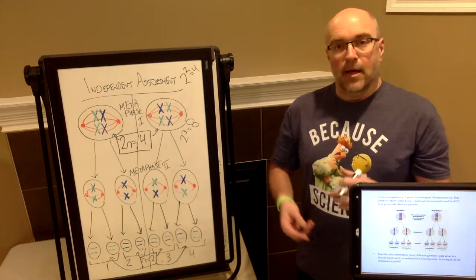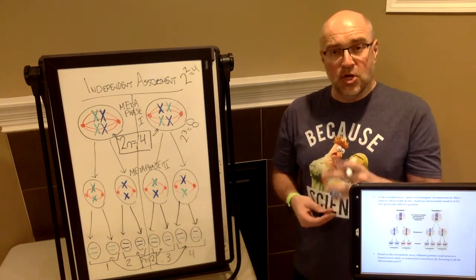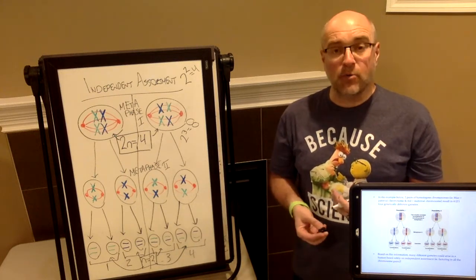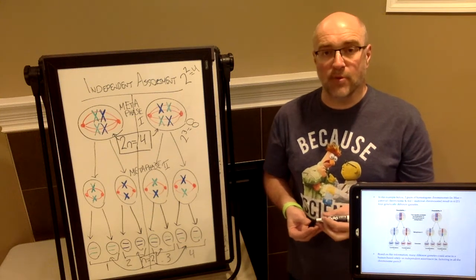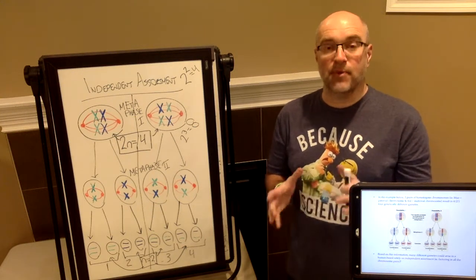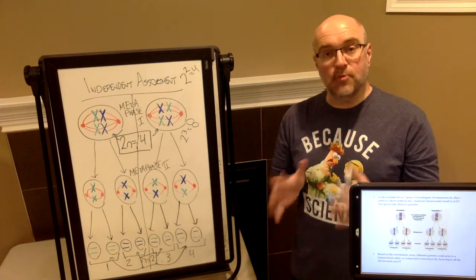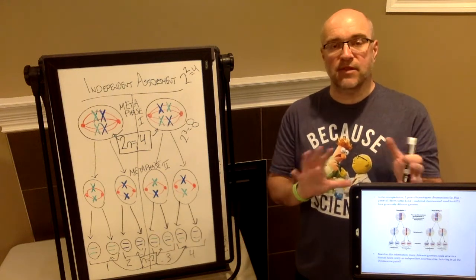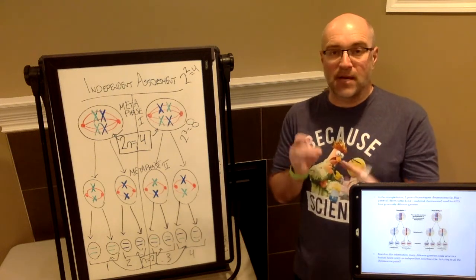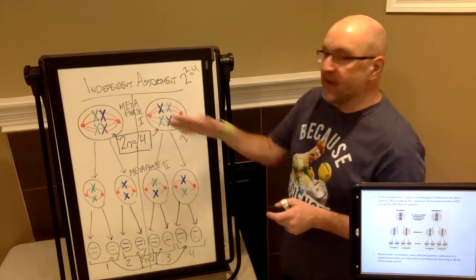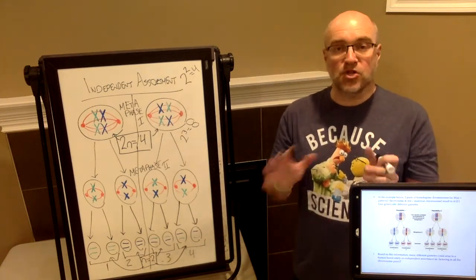If I had 4 pairs, it's going to be 2 to the fourth, that's going to give me 16, and so on. To put that in perspective, in humans, how many pairs of chromosomes are we talking about? Well, we're talking about 23 pairs of chromosomes. They give us 46 total chromosomes, but there are 23 pairs. So in a human, the possible combinations of genetic material just by flipping a coin at metaphase 1 is going to be 2 to the 23rd power.